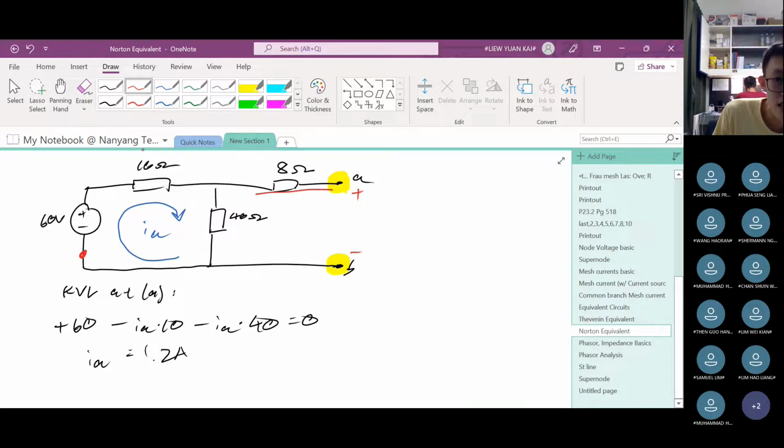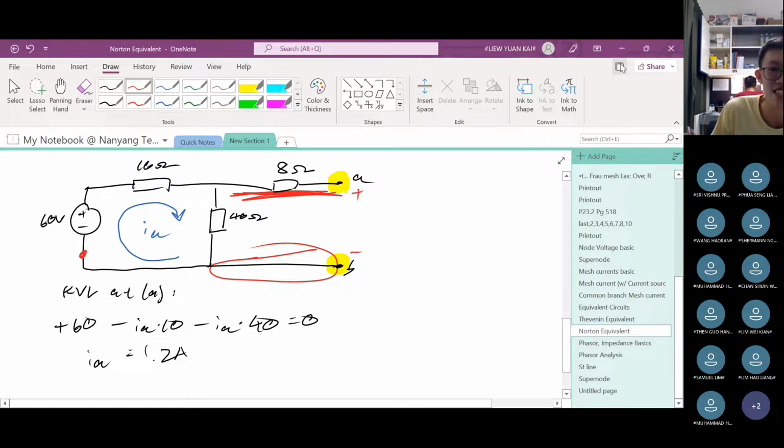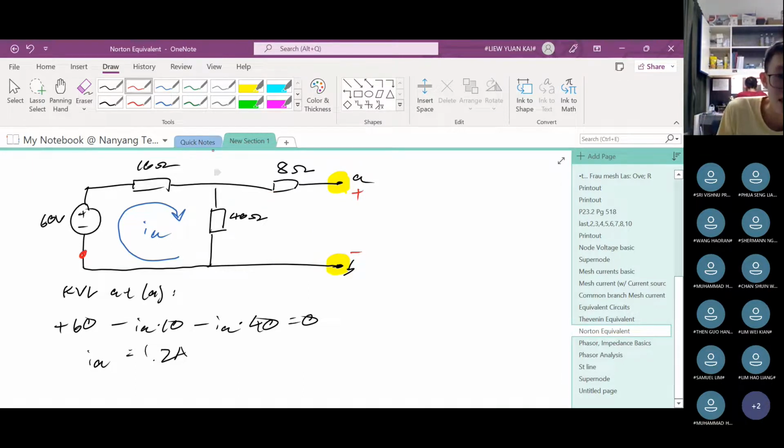Now, you have to notice this one thing. Is there any current through this branch and the bottom branch down here? Any current? No, right? Why? Because it's an open circuit. There's nothing here, so no current can flow through. If there's no current, that means there's no potential difference.